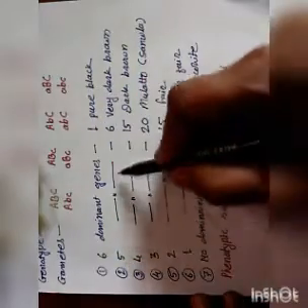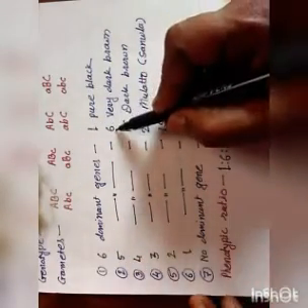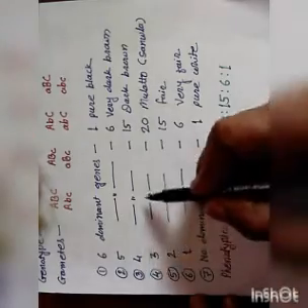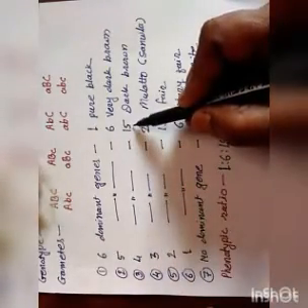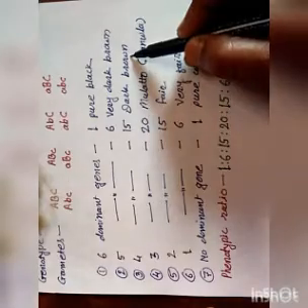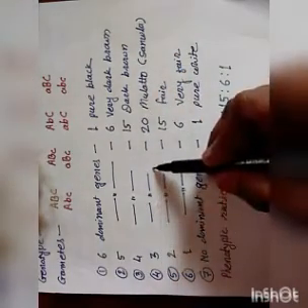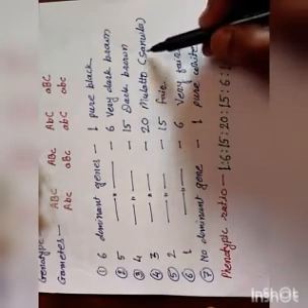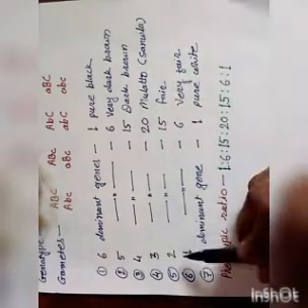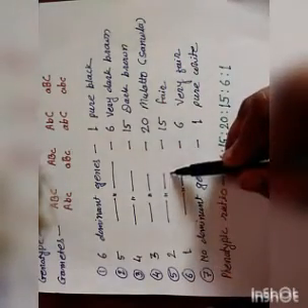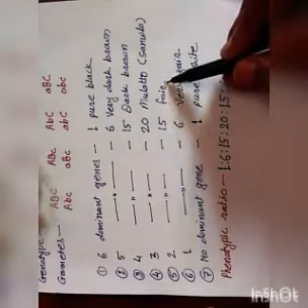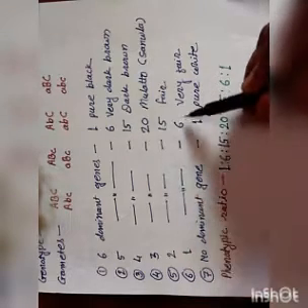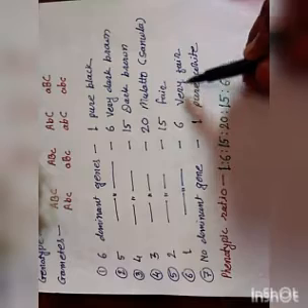Then 5 dominant gene containing individuals are 6, and these are very dark brown. 4 dominant gene containing individuals are 15, and these are dark brown in color. 3 dominant gene containing individuals are 20, and these are mulatto, means intermediate, means savla. 2 dominant gene containing individuals are 15, and these are fair. 1 dominant gene containing individuals are 6, and these are very fair.